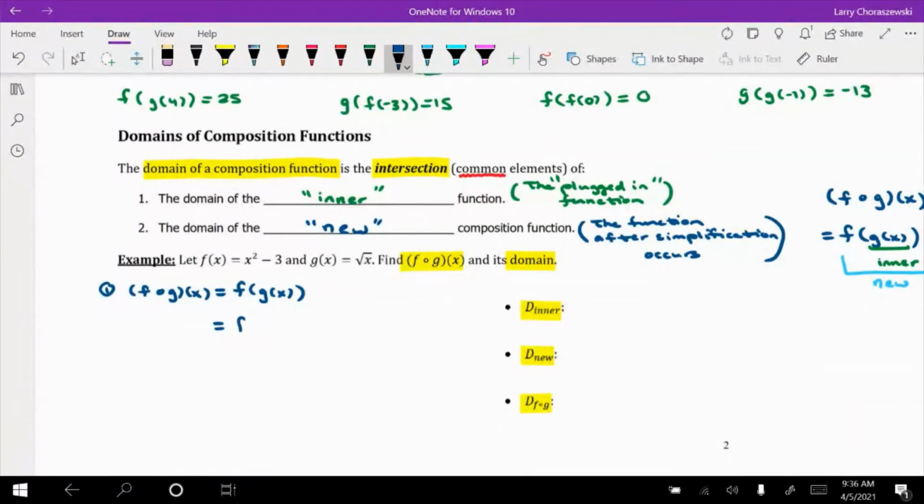Now, we do have expressions for each of these. In particular, we know that g of x is equal to the square root of x. So basically, we're plugging the square root of x into the function f. So wherever we see an x in the function f, we're going to replace it with the square root. Case in point, instead of x squared minus 3, it's going to be square root of x squared minus 3.